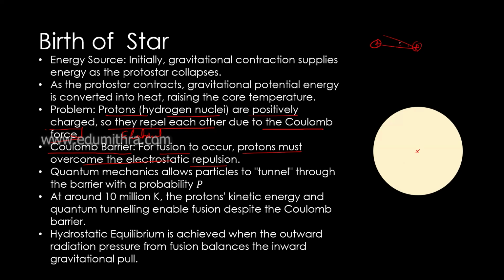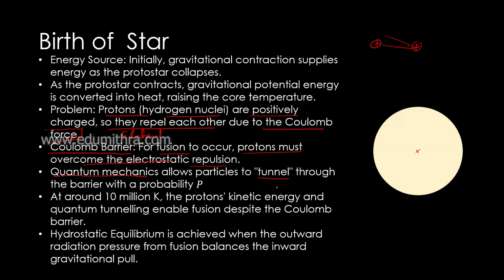But even then, for a normal star, this barrier cannot be overcome just with temperature. Along with it there is another interesting thing called quantum mechanical tunneling. I'm not going to explain what it is here, but this is one thing where this interesting phenomenon called tunneling happens.